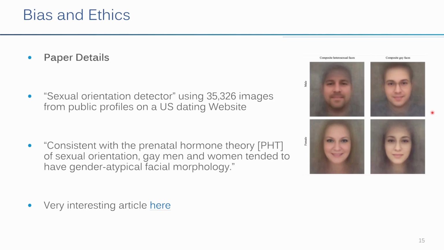Not only that, there is another topic that we did not touch much. There was no space to mention the abstract, but the link for the paper will be included here. Consistent with the prenatal hormone theory, PHT, of sexual orientation, gay men and women tend to have gender atypical facial morphology, not considering all the ethical problems with the definition of the research question and the impact that research question has on people, the data, and so on.